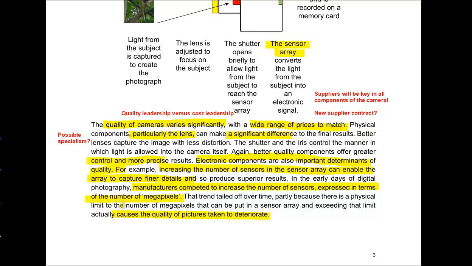So despite the lenses, despite the components, there is a sort of ceiling on quality. And what that will probably mean is either Montel need to find ways to reduce the cost of their ranges, or perhaps they need to find innovative ways to add value to their cameras that isn't just in the hardware.